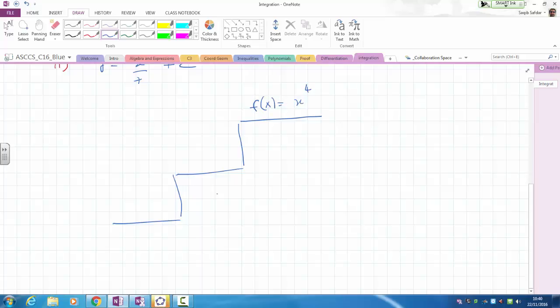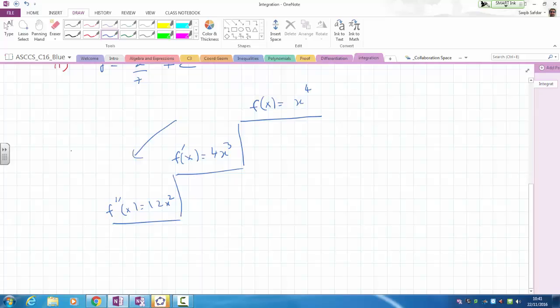Doesn't really matter. And on the next stair, I'm going to write down f prime x. So I've differentiated it. 4x cubed. And then we'll differentiate that again. And so forth. We can just carry on going down. Okay? So 4 times 3, 12, and you get x squared.